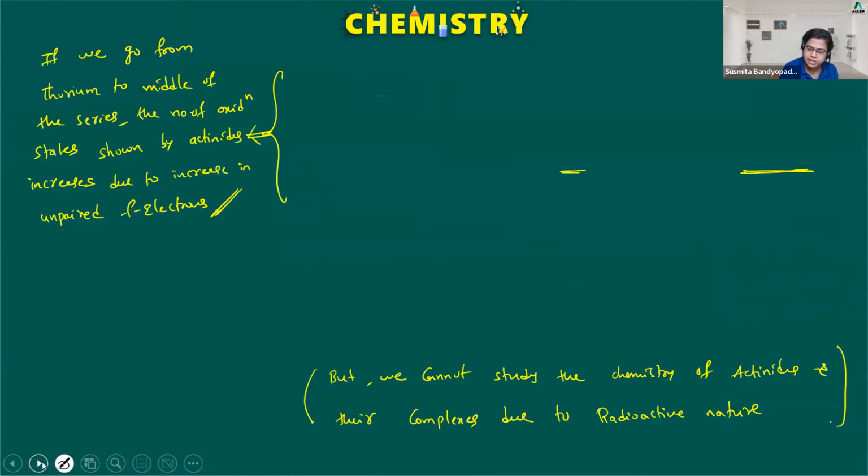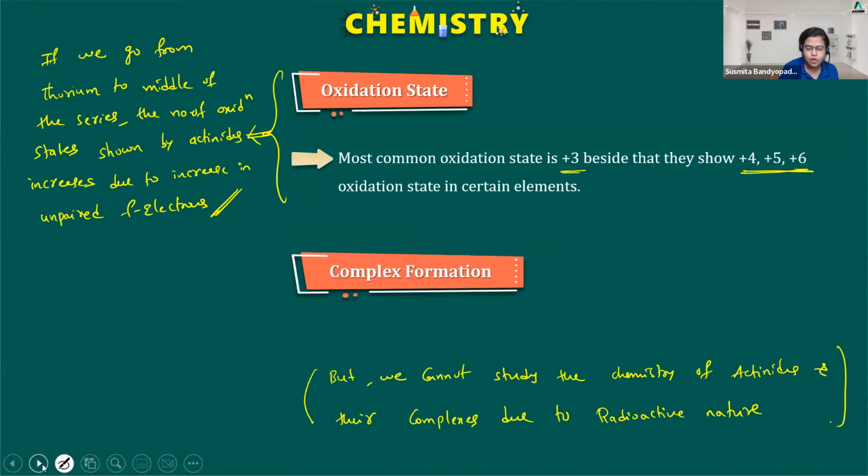Color, similar logic. Oxidation states: you see +4, +5, +6, basically due to the very small difference between 5f and 6d. 7s, 5f, 6d, not much difference. 7s, then 5f, then 6d, in increasing order.